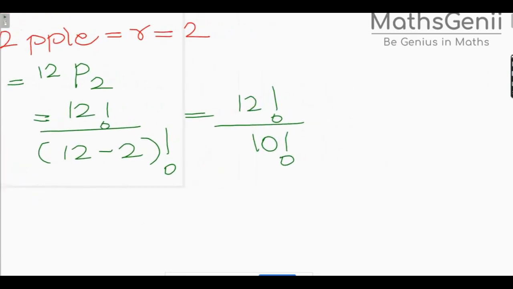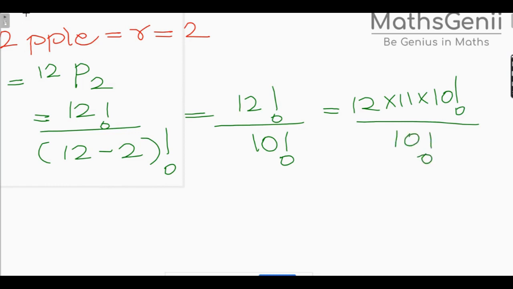Now, what I have taught you, expand. 12 into 11 into 10 factorial. Stop here, and keep 10 factorial as it is. So 10 factorial gets cancelled out. What remains is 11 into 12, which is 132.